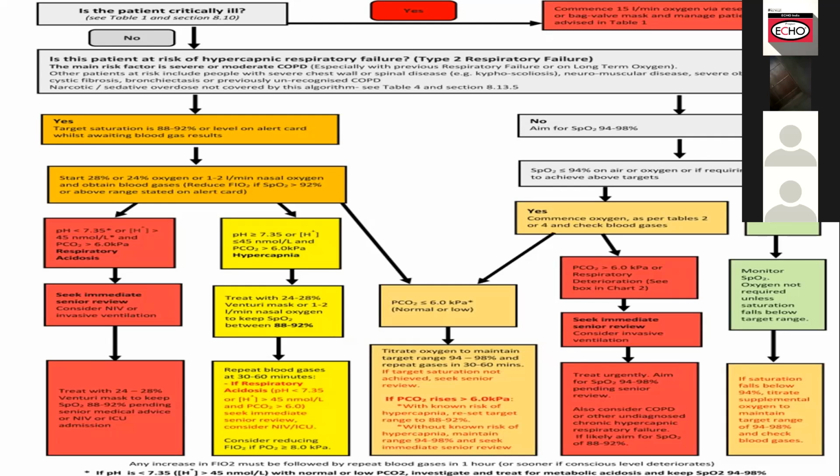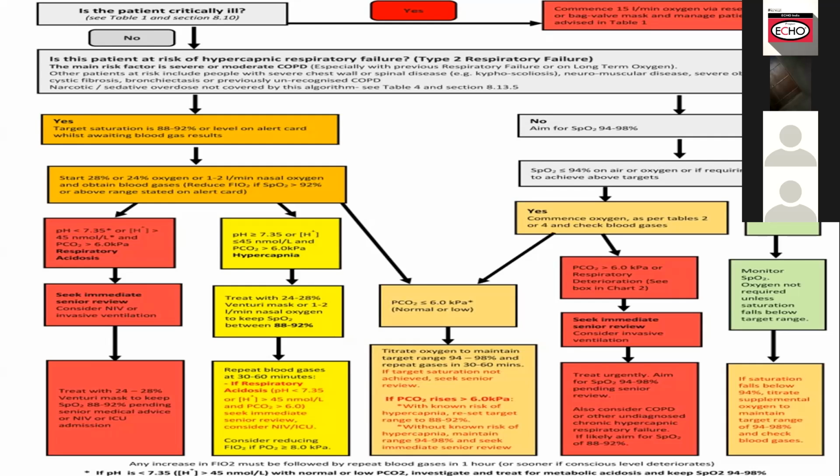When the SpO2 is below 94 on room air, or if oxygen is required to achieve the target of 94 to 98%, and you go to your ABG and the patient is still acidotic, of course you will contact your senior. For an acidotic patient, you will need help from a senior.